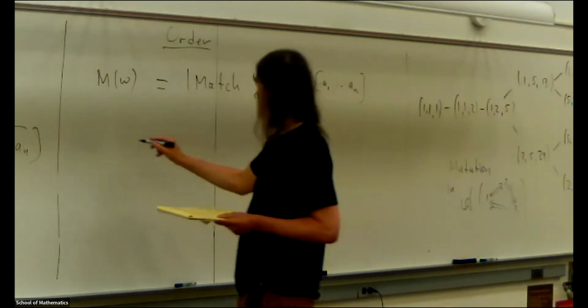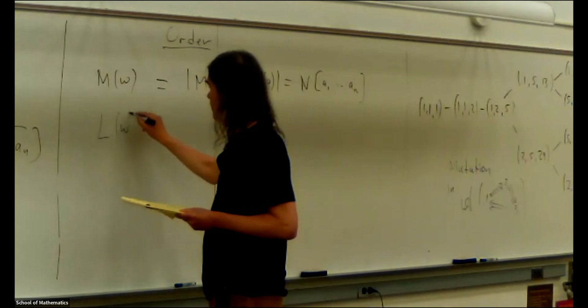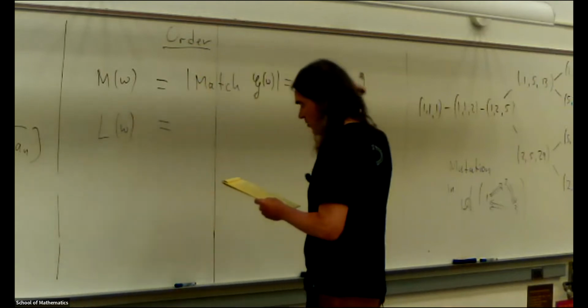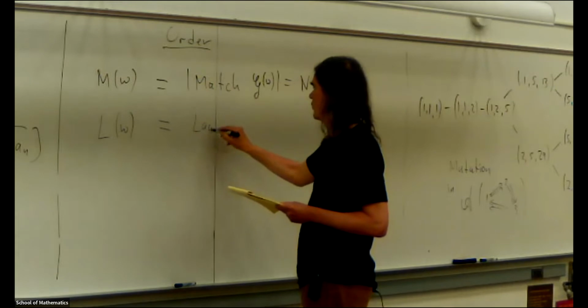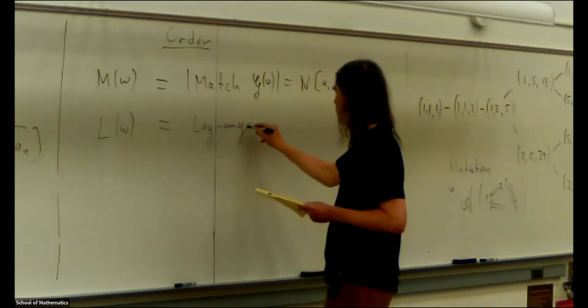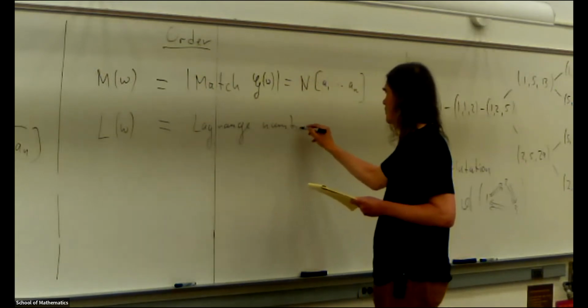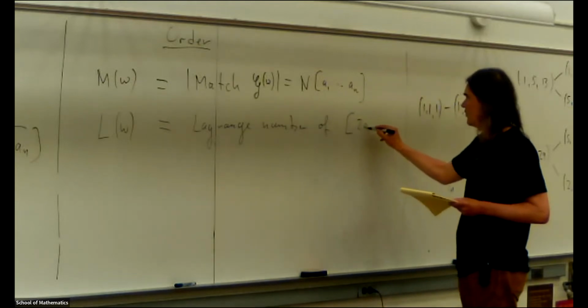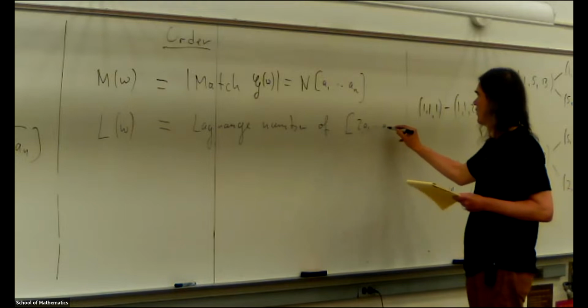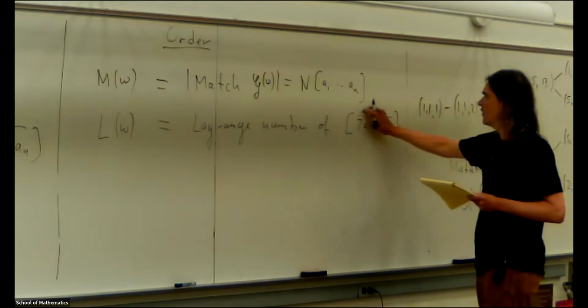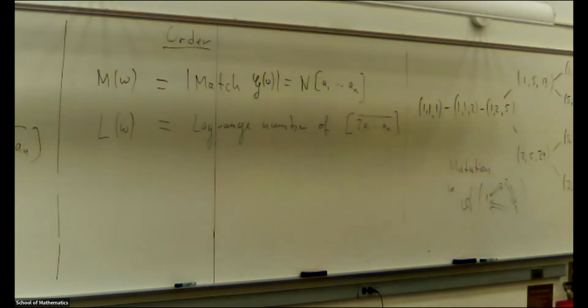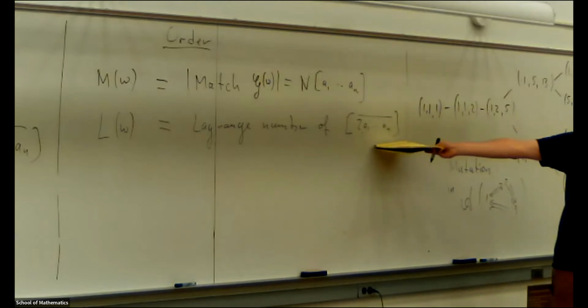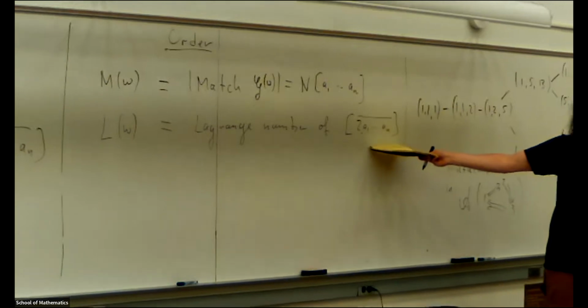And I'll define L of W to be the Lagrange number of the periodic continued fraction of the band graph. Right, so this is not the number of perfect matchings. This is a quadratic irrational number.